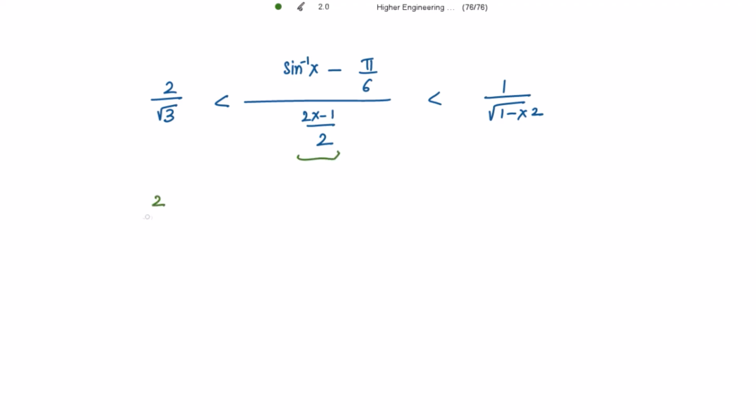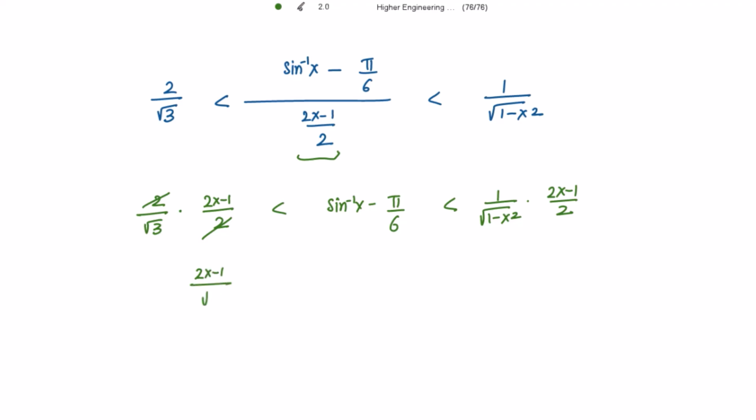We get 2 divided by square root 3 into 2x minus 1 divided by 2 less than sine inverse x minus pi by 6, and less than 1 divided by square root of 1 minus x squared into 2x minus 1 divided by 2. So these two cancel out and we get 2x minus 1 divided by square root 3 here, and here 2x minus 1 divided by 2 into square root of 1 minus x squared.